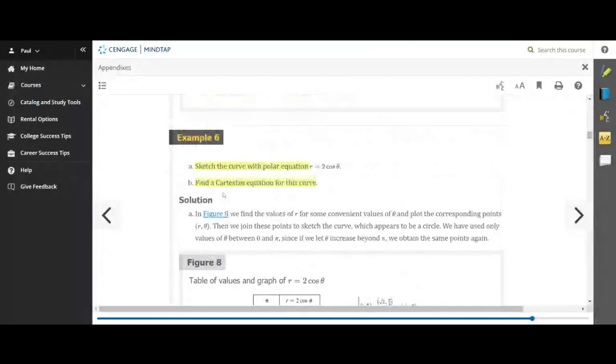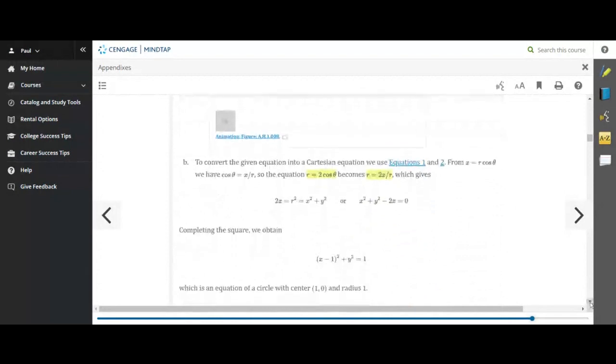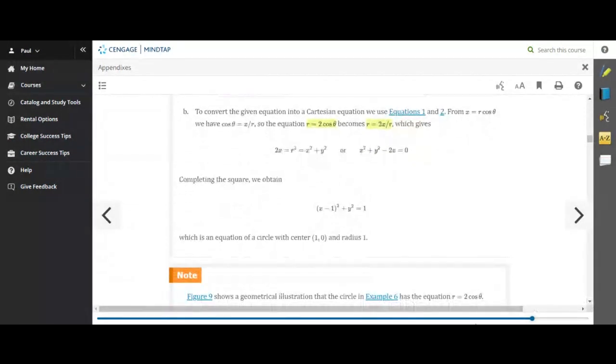So let's go back to example 6. Now it wants you to find a Cartesian equation for this curve. So we'll go down a little bit to part B.